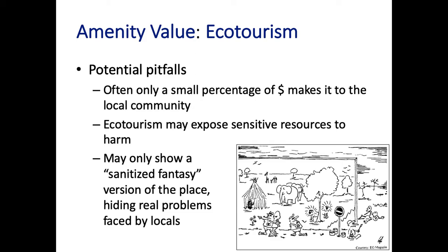And so this is a cartoon illustrating that, where we have the tourists up front and they're seeing this beautiful picture of Africa with the animals, but behind it we see that there's actually a major drought going on, and there's places where the environment isn't being taken care of as well, but those are hidden from the tourists.